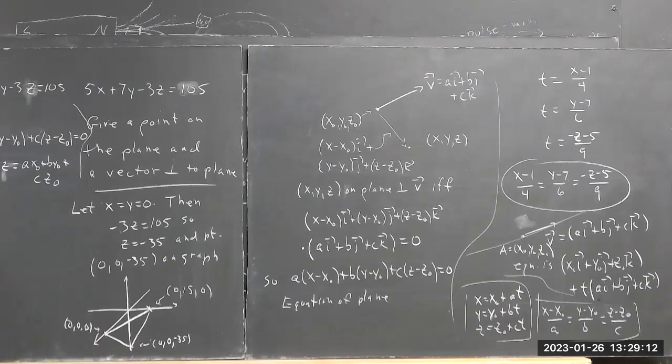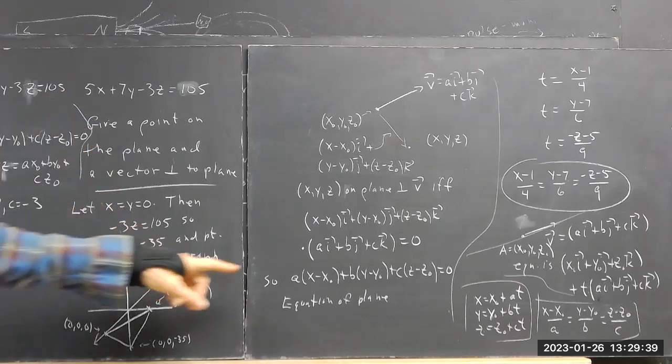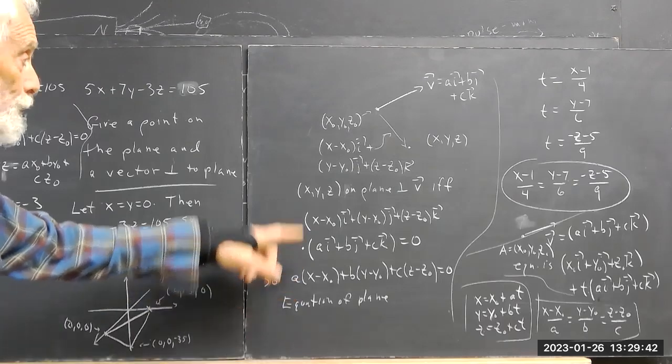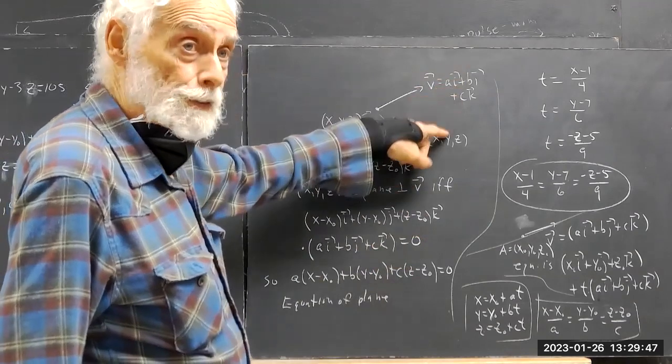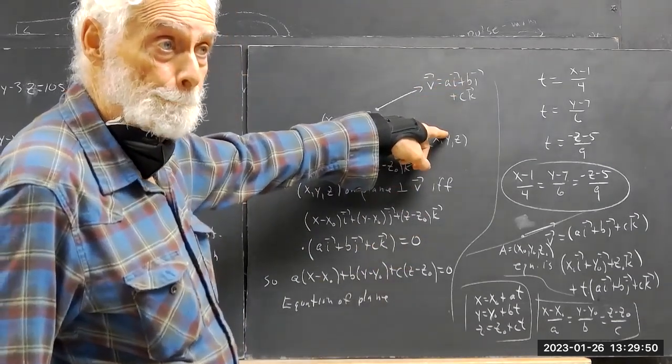This tells us that the number in front of X is A, the number in front of Y is B, the number in front of Z is C, right? I went down a bad path there and made it more complicated than it is. But it's clear from this form that the coefficients of X, Y, and Z give us our A, B, and C for a vector perpendicular to the plane, right?